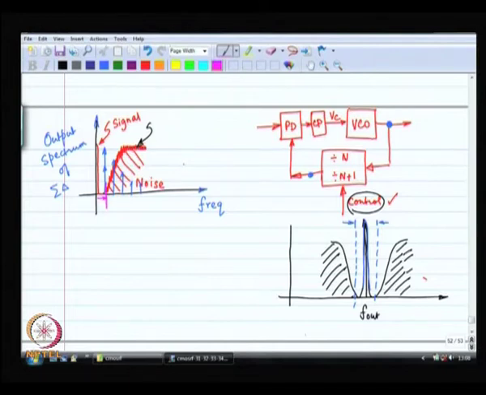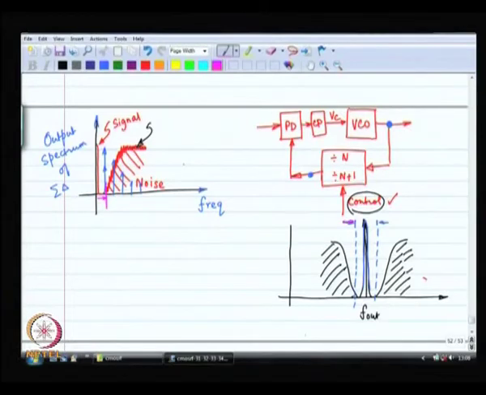That is where we started from, that within the loop bandwidth there was a spurious frequency, that spurious frequency went right through, that was the problem. Now, let us say that this is my loop bandwidth over here. I can have a large loop bandwidth now because I can do this division by a fraction. So, the loop bandwidth is not 1/10 of the reference frequency.